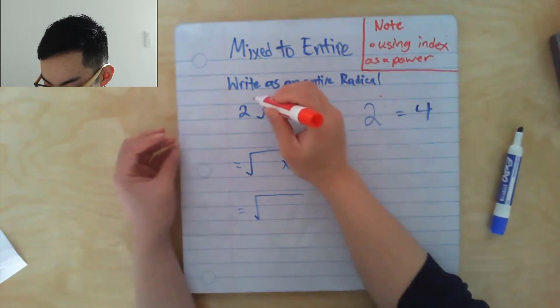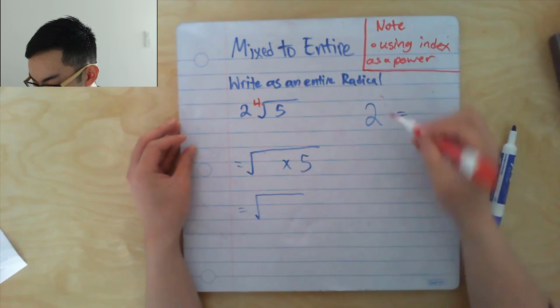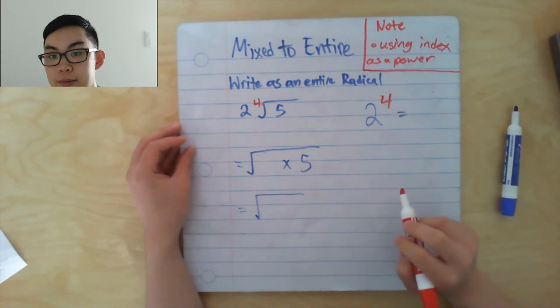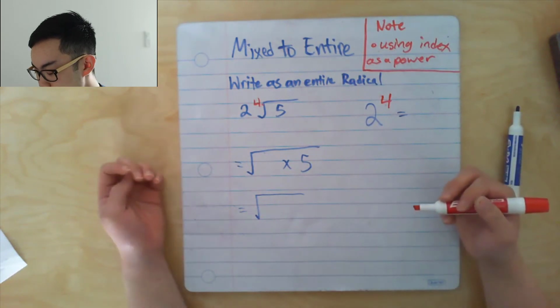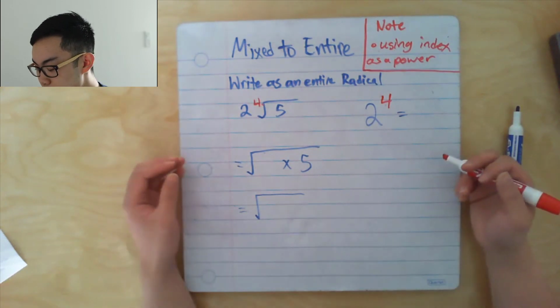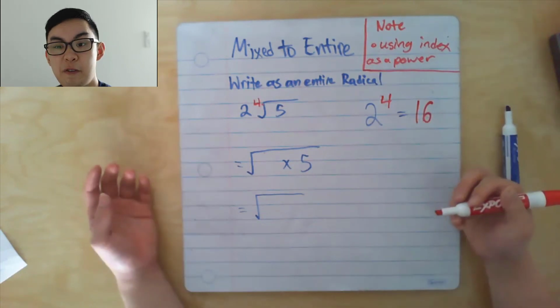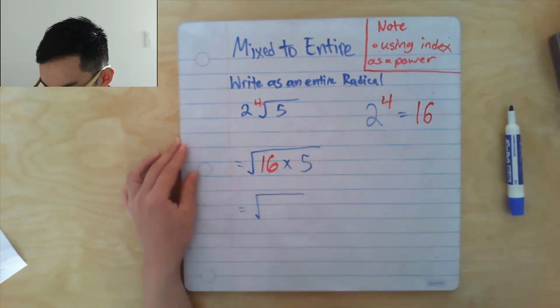I'm going to now try this with a 4th root. Let's also erase that. Well, I'm using the index as a power, so I'm putting this 4 here. Okay? And so I know that 2 to the 4, if I type that into a calculator, is going to get me 16. 2 to the 4 is 16. And so I'm going to write a 16 here.